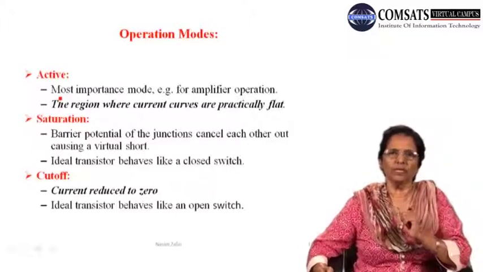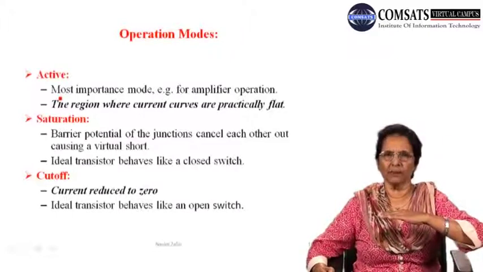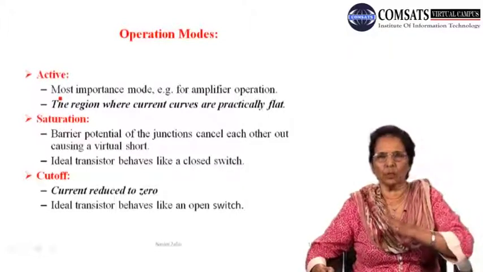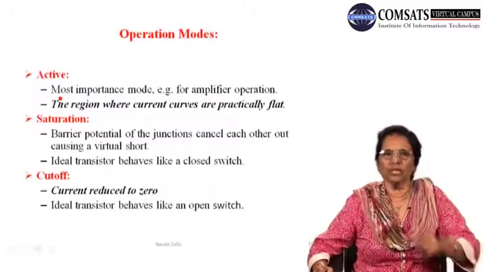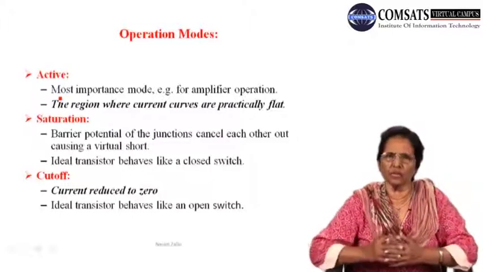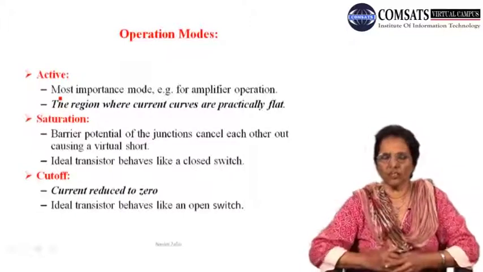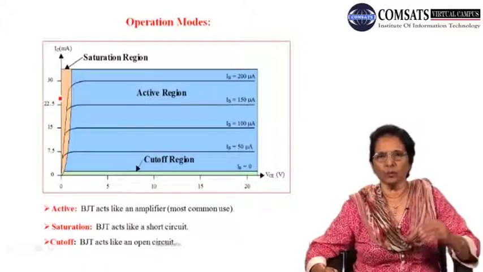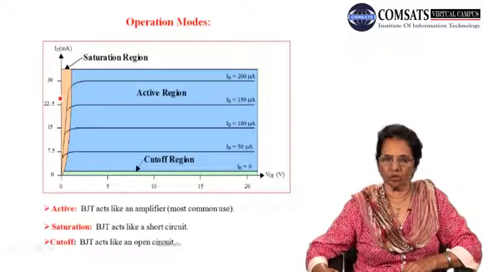We shall talk about the early effect later on, where the curves, rather than remaining flat, have a slight slope at higher VCE voltages. That's called the early effect, and we shall mention that later on. But for the time being, assuming an ideal operation, let's say that the output characteristics are flat, as we just saw in this blue area, that the output curves for a fixed base current are more or less constant.